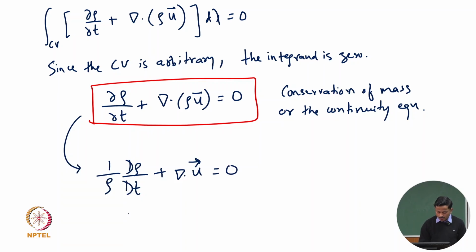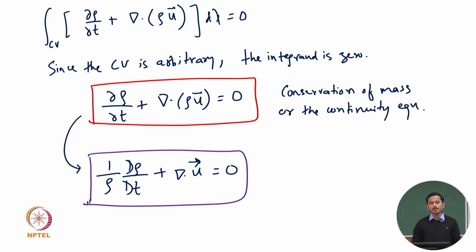Again, students should remind themselves what capital D dt is. Capital D dt is the total derivative. It is a derivative which includes both the temporal rate of change of a quantity and the advective rate of change of that quantity.